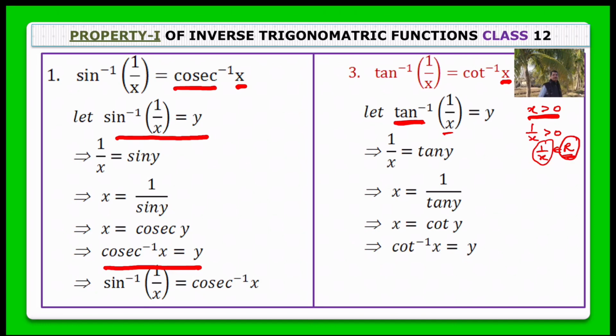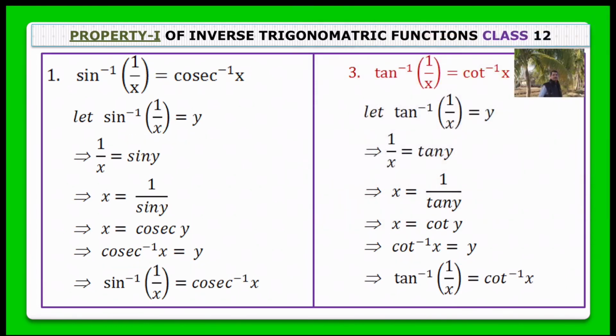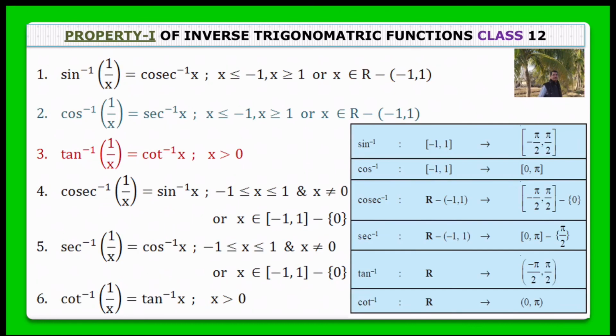And from the first, tan inverse 1 upon x equal to y, and the last, cot inverse x equal to y. So we can write tan inverse 1 upon x equal to cot inverse x. By using this we can prove the 4th, 5th and 6th also.